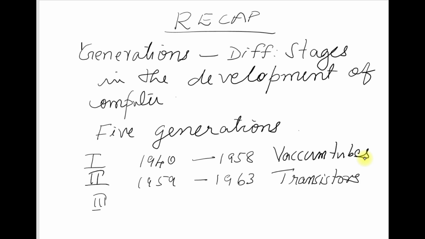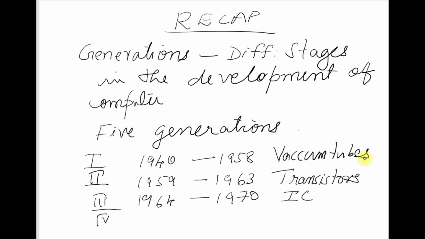And third generation, 1964 to 1970, ICs were used in third generation computers.